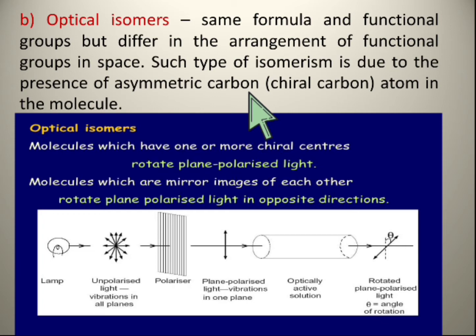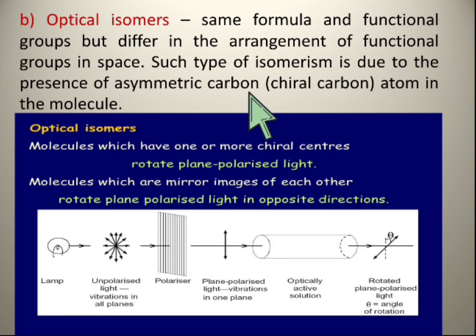These optical isomers, due to the presence of this chiral carbon atom in their molecule, possess this isomerism. Okay, they can form optical isomers. They have the same molecular formula and functional groups, but the arrangement of functional groups is different.